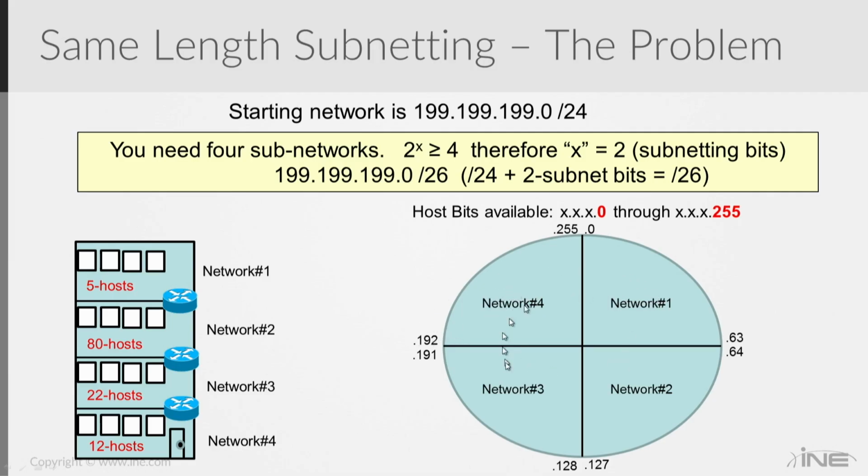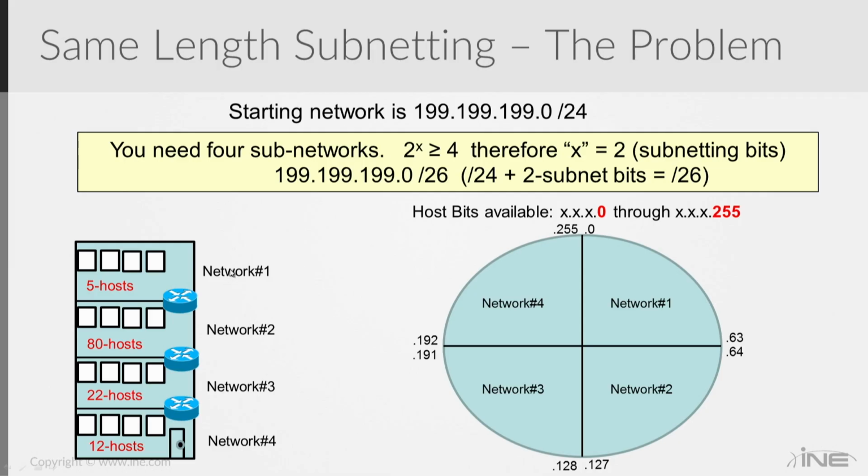So we do have our 4 networks, but we have a problem here. Check it out. Network number 2 requires more than 62 hosts. It needs 80 hosts. 80 hosts won't fit into any of these slices of pie right here. It's not going to fit. Not only that, look at some of these other networks.